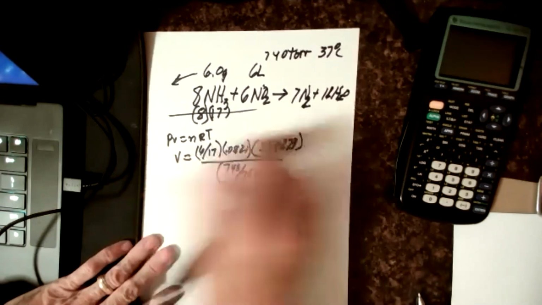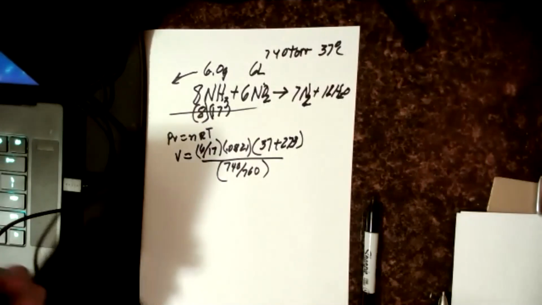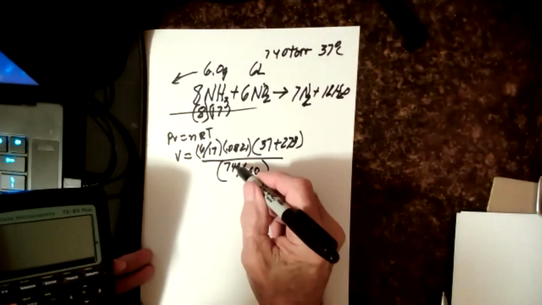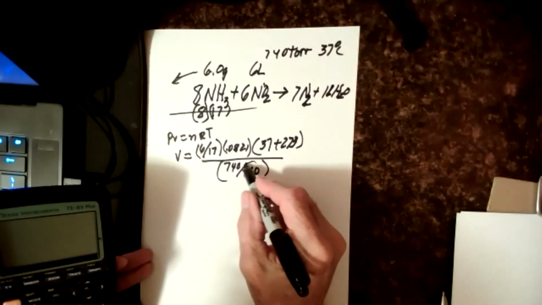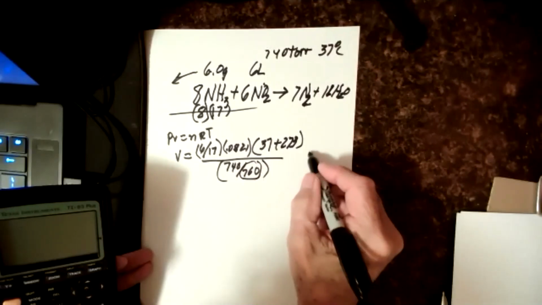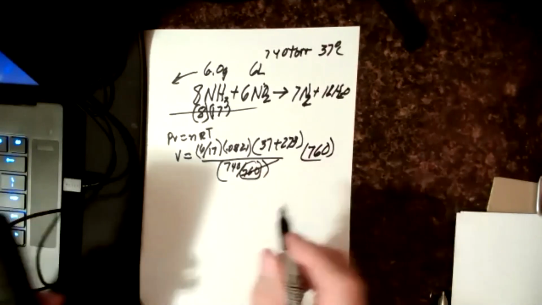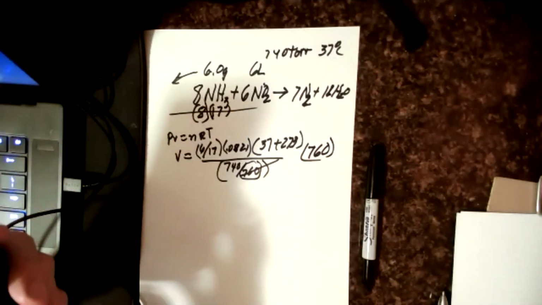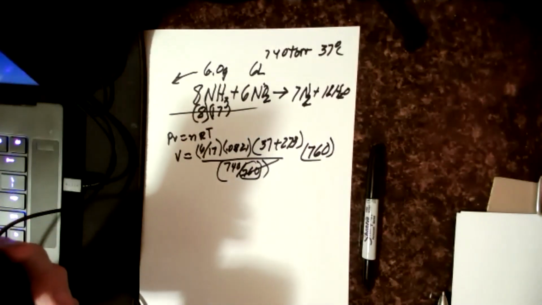Okay, so now I've got all my units right. So let's just do the math. I know if I've got a number in the denominator of the denominator, it goes to the numerator. So that'll make my math a little easier. I could do it that way, but this makes it simpler. So I've got 6 divided by 17.